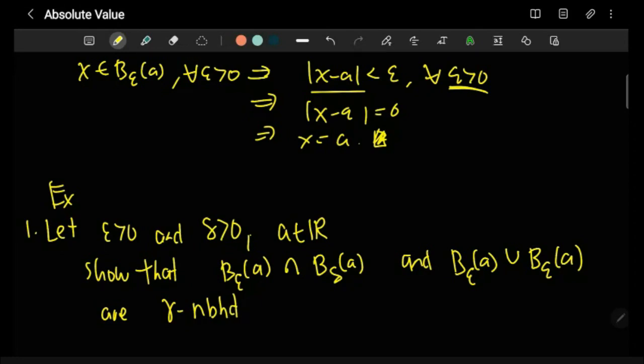So they are gamma neighborhood of A for some gamma.